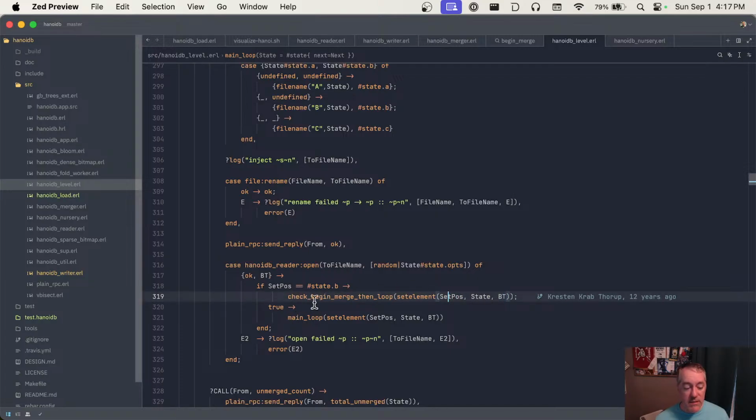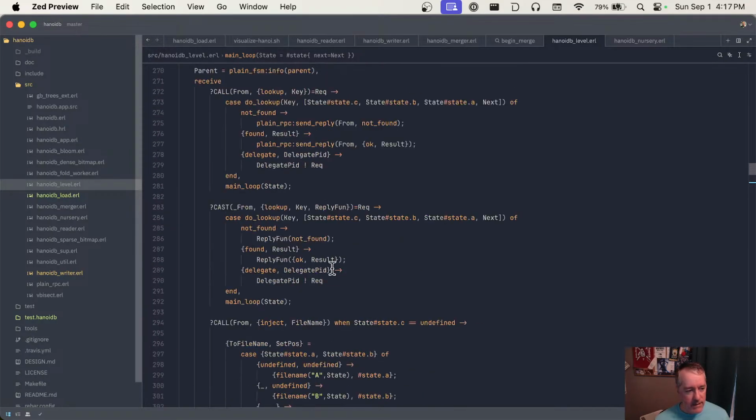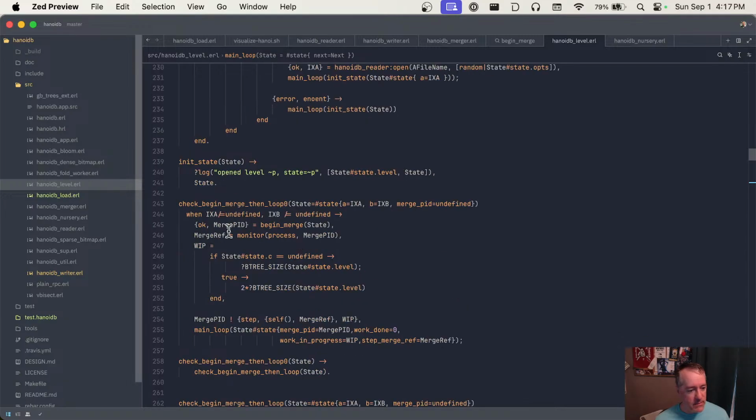Otherwise, okay, so that's interesting that if it becomes the C file or the A file, we don't check to begin merge. Now, I'm assuming that if there is an A and a B already, then the merge process may already exist. So I think that's what we did here in this 0 version, right?